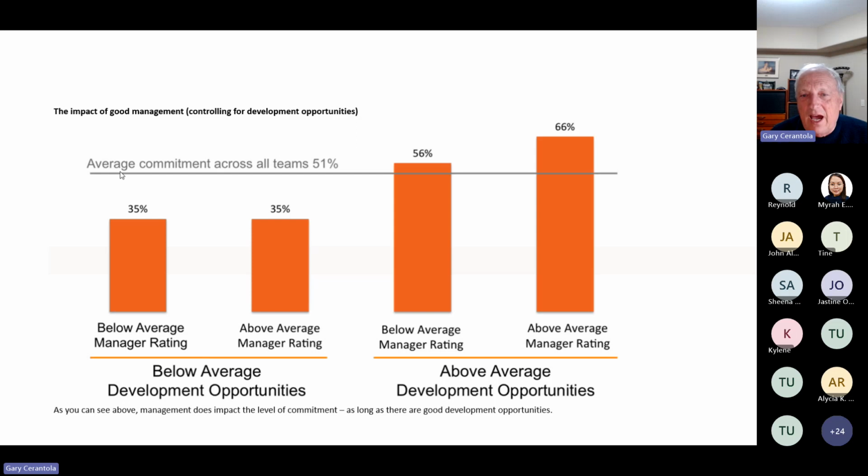But look at the average commitment across all teams, and you can see above average manager rating, much higher commitment. And so what does that translate into? It means above average development opportunities.